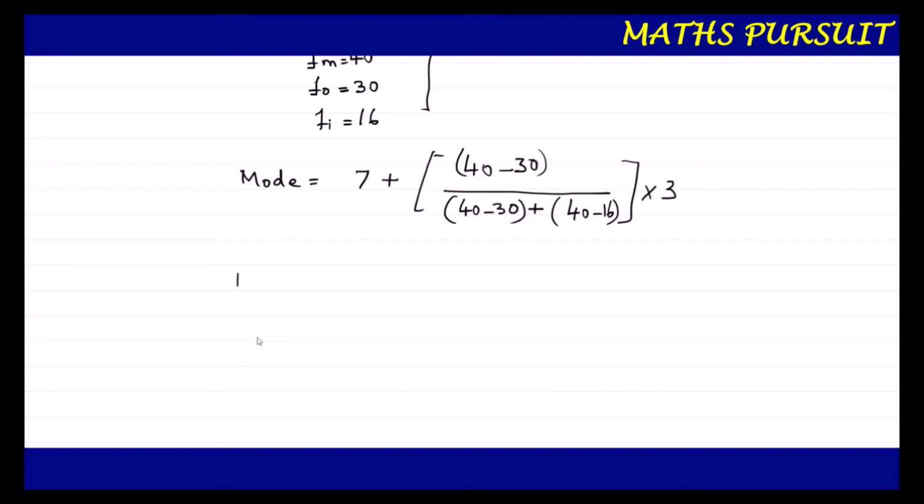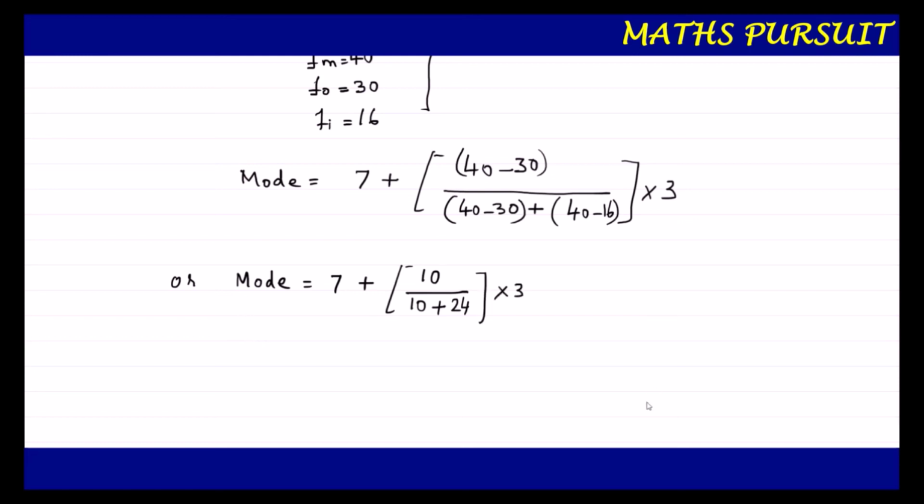So mode is equal to 7 plus 40 minus 30, which is 10, upon 40 minus 30, which is again 10, plus 40 minus 16, which is 24, into class height, that is 3.